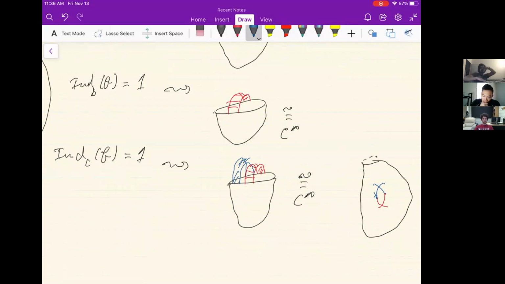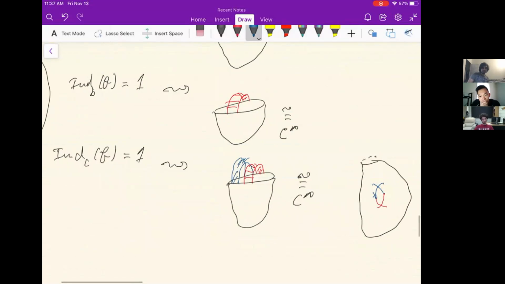You lower one, you raise the other. You can have them share the same endpoints. That doesn't really matter. And then you just move this black region along the red belt and the blue belt, and you will get something like that. Is it obvious? Or is it not?